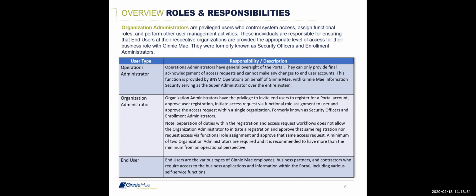That is a security privilege that is provided by the operations administrator. So that is their first very important function. Their second very important function is called finalization. For any end users that our organization administrators onboard, it is the Bank of New York Mellon as the operations administrator on behalf of GinnieMae that finalizes or does final approval on those accounts. And those are their key functions. Talk a little bit about that on the next slide.